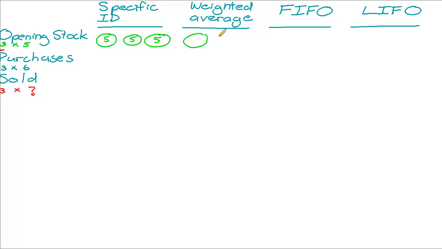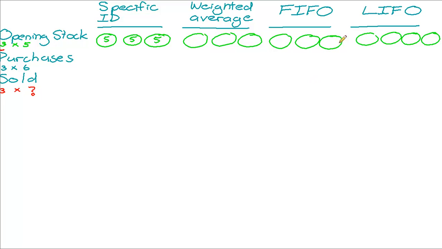Then we've got the same 3 pies under the weighted average method, the same 3 pies under the first in first out method, and the same 3 pies under the LIFO method. So each of these pies, I drew one too many there. So each of these pies cost me 5 Rand. So we can fill in the cost price for each of these pies.